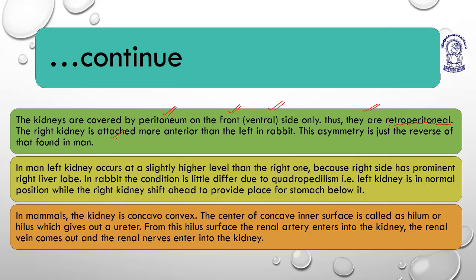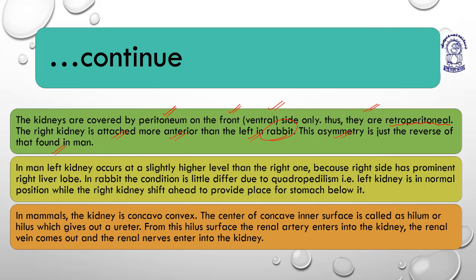The right kidney is attached more anteriorly than the left in rabbit. This asymmetry is the reverse of that found in man, where the left kidney is attached more anteriorly than the right.